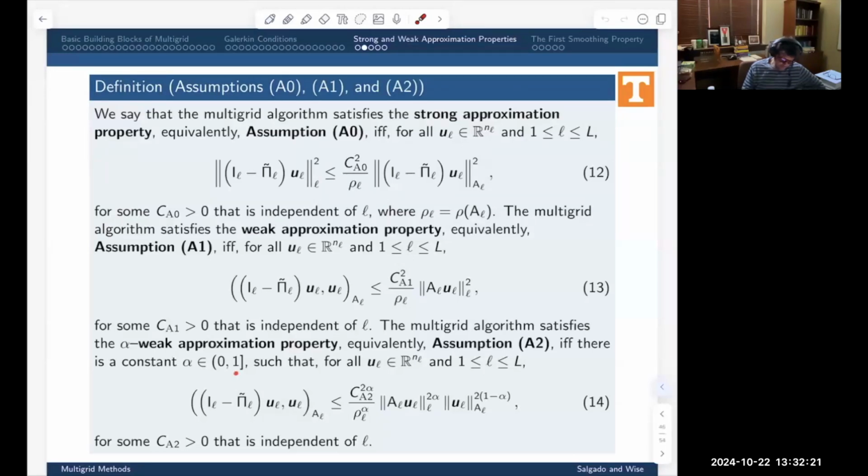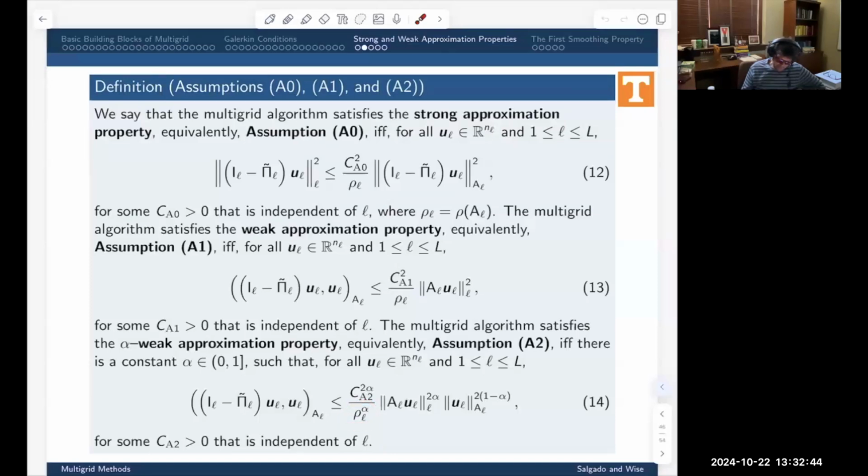So alpha equals 1, that's just a weak approximation property. But let's say alpha equals a half. What do we get here? If alpha equals half, I just get this to the first power. I get a constant to the first power, but it's a constant. It doesn't matter. This guy here matters because this is going to be the square root of the spectral radius.